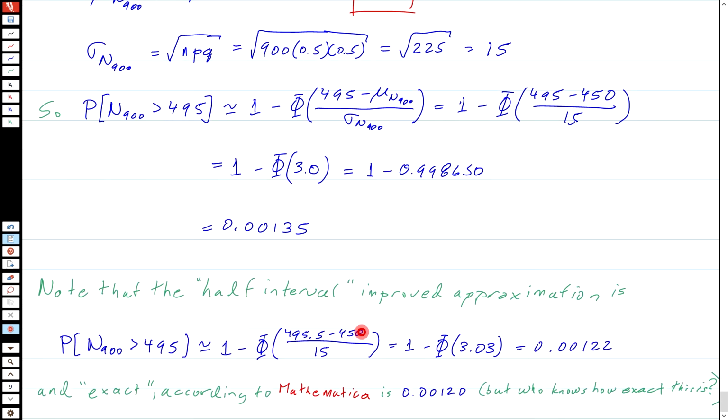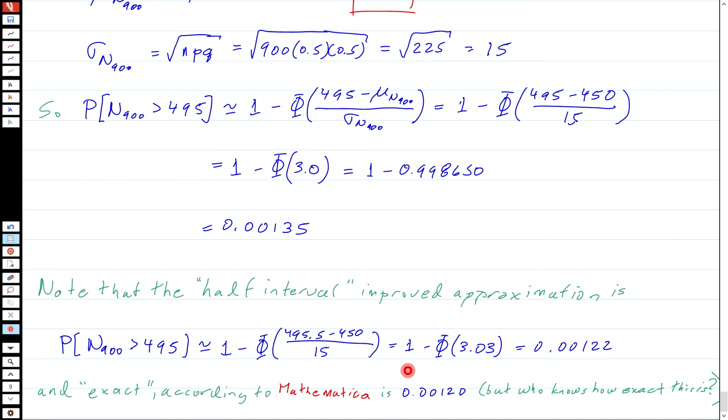We could check to see how the half-interval improved approximation works. So I'm taking here phi of (495.5 minus 450) over 15. That gives me a slightly different value in the CDF, 3.03, and changes my probability a little tiny bit from 0.00135 to 0.00122.